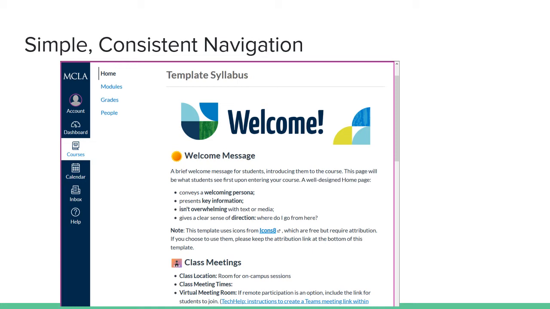And I know that I have said this again and again, but it's one of the most important things you can do as you design your online and hybrid course for all of your students, and definitely for students who are using assistive technologies. So the example that I have up on this slide is a template syllabus from MCLA.